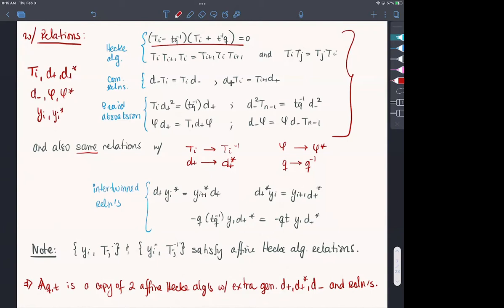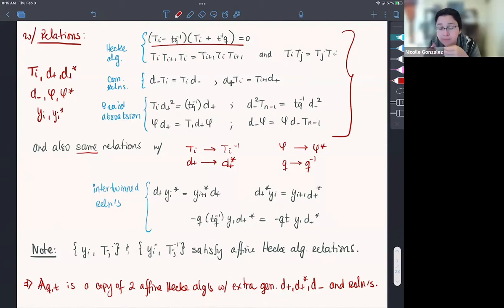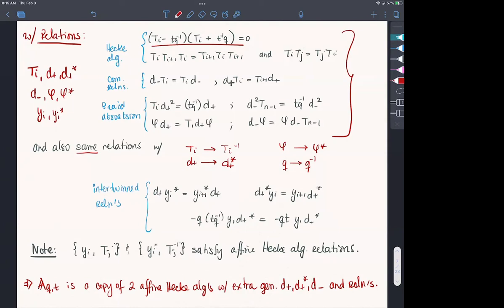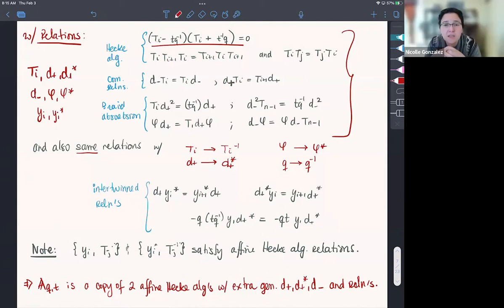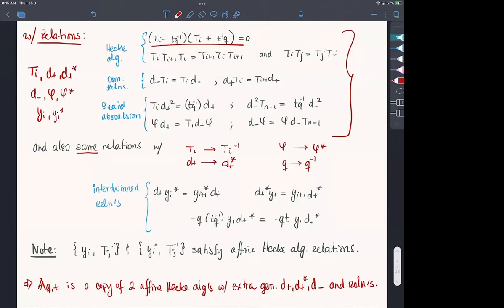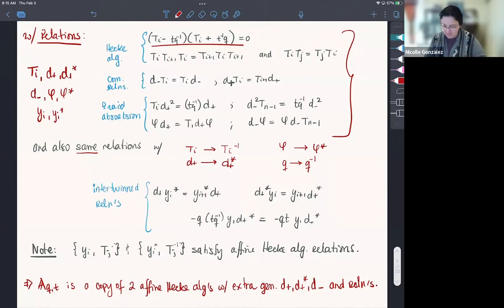Sorry for being picky, but on the fourth line, is there a square missing? Maybe on the fourth line, the first T_i D plus square is equal to T_q q inverse D plus square. Am I missing a square on which line? Fourth line, yes, 100%. Of course. Thank you.